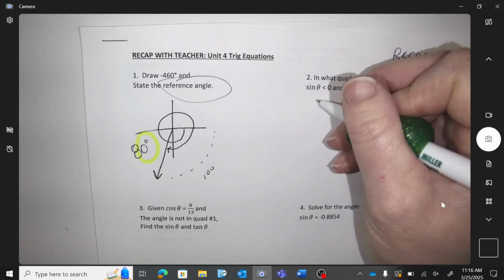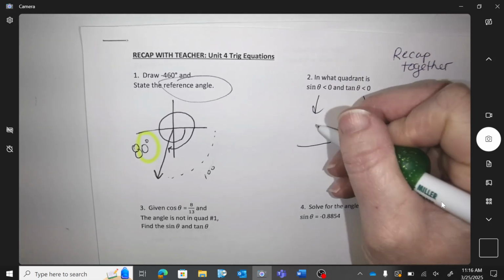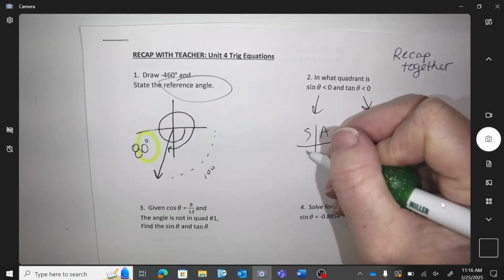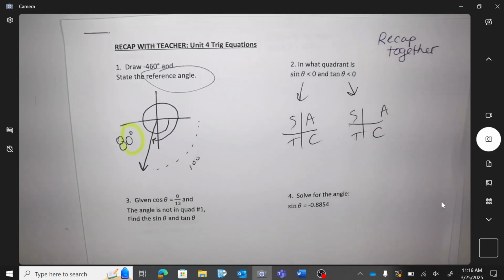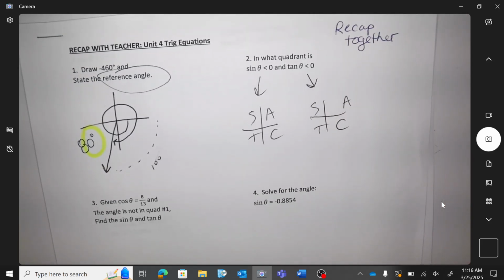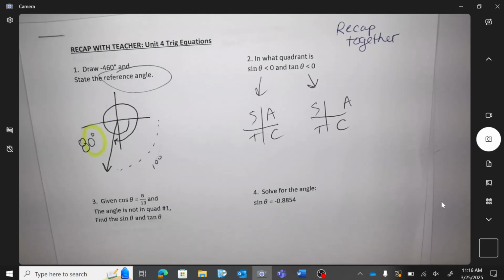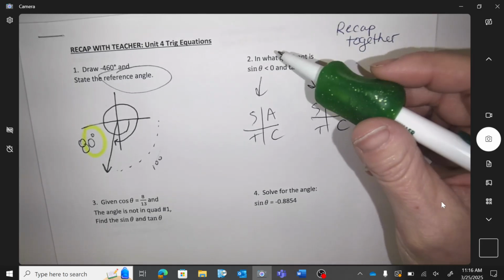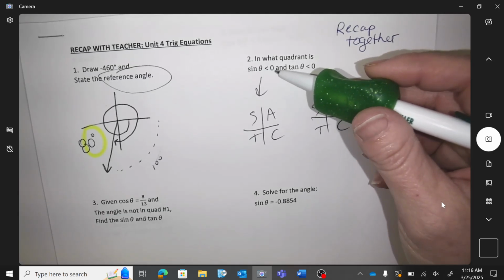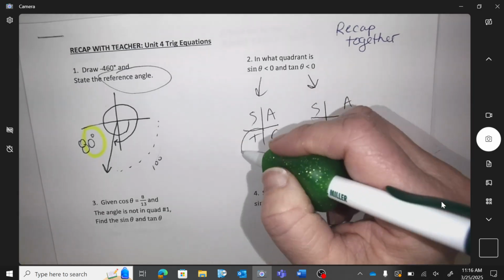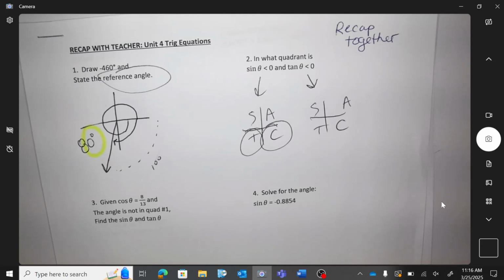What quadrant is this in? This is dealing with Astica stuff. If I look at the first analyzing thing, where's sine below 0, negative? So in the bottom.